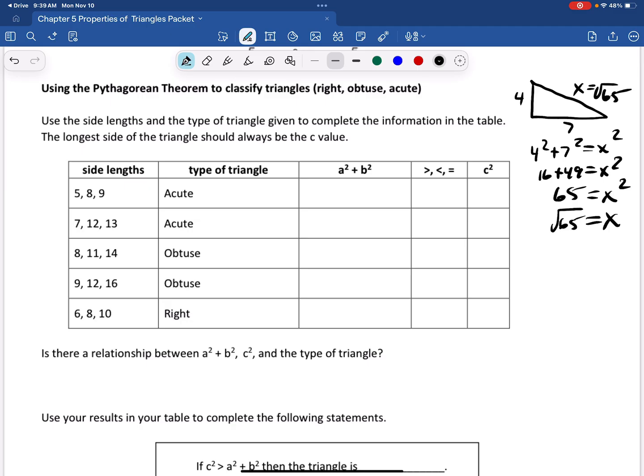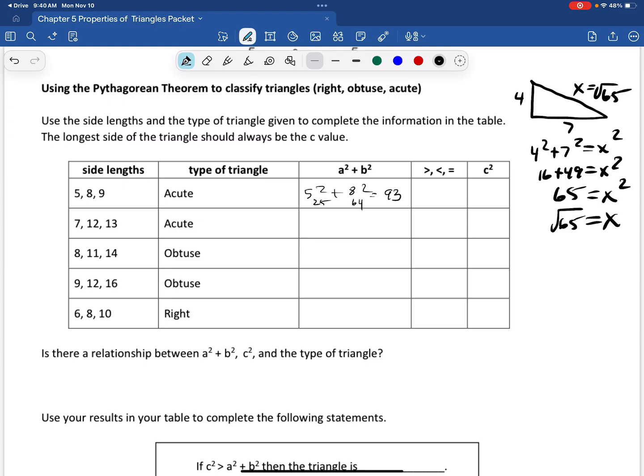So let's see what we can look at. The 2 smallest sides are going to be 5 squared plus 8 squared. 5 squared is 25, and 8 squared is 64. So this is equal to 25 plus 64, which is 93.